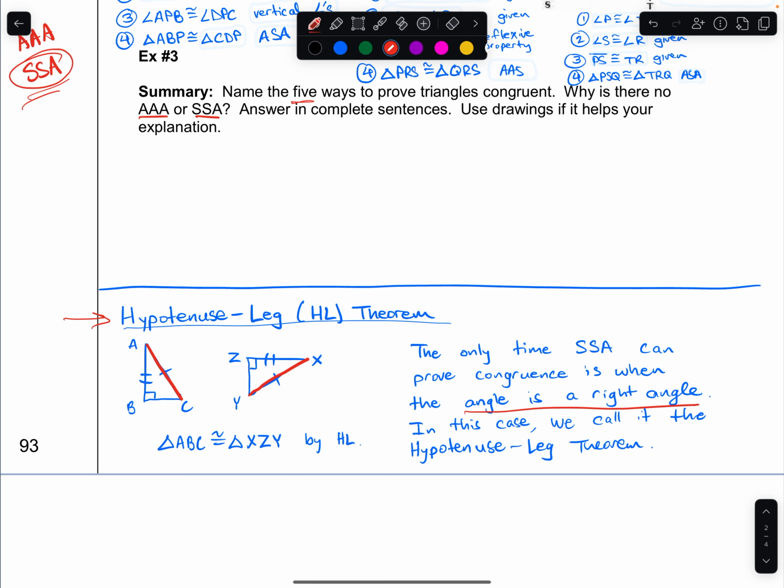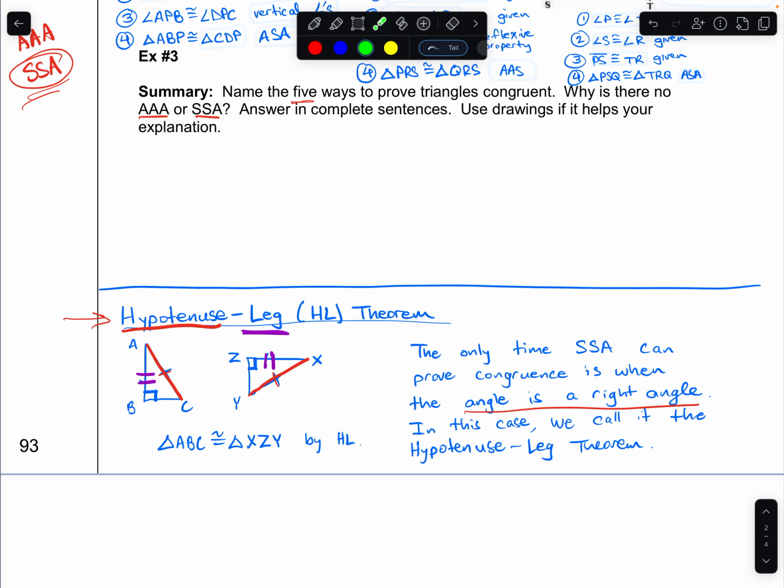And if you know that the hypotenuse of one right triangle is congruent to the hypotenuse of another right triangle, and you also know that one of the legs of one right triangle is congruent to a leg in the other right triangle, we also know that the angle here and here, those are 90-degree angles, so they have to be congruent.